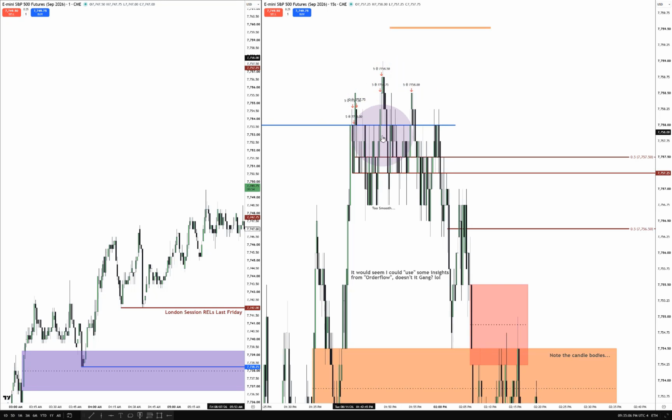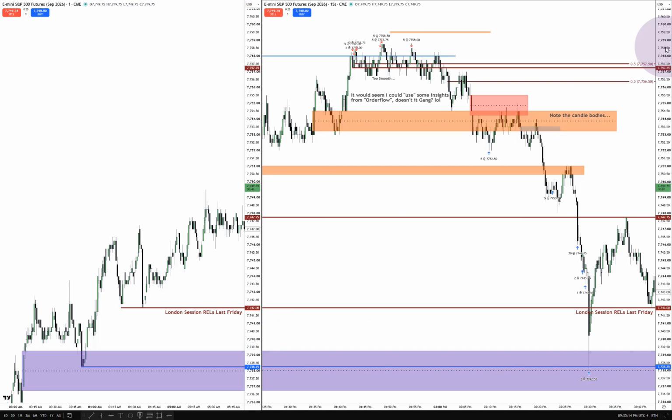The blue line is just the buy side liquidity pool. If we bring this back up into what we were seeing earlier, now we can see the London session relative equal low from last Friday and that suspension block down here and that level. So that's what's being shown here on the 15-second time frame.